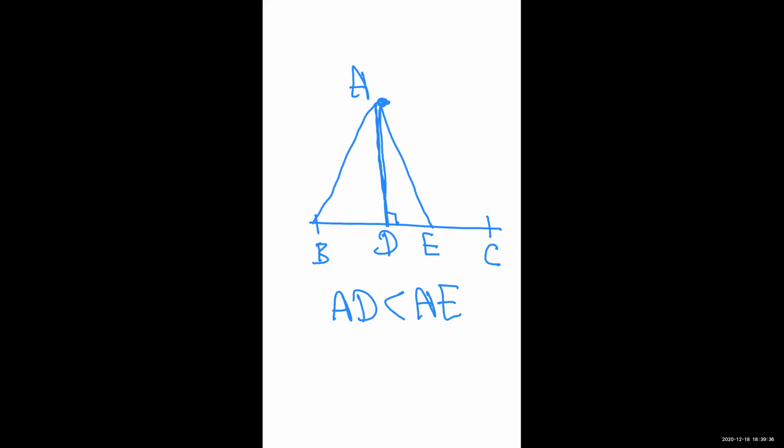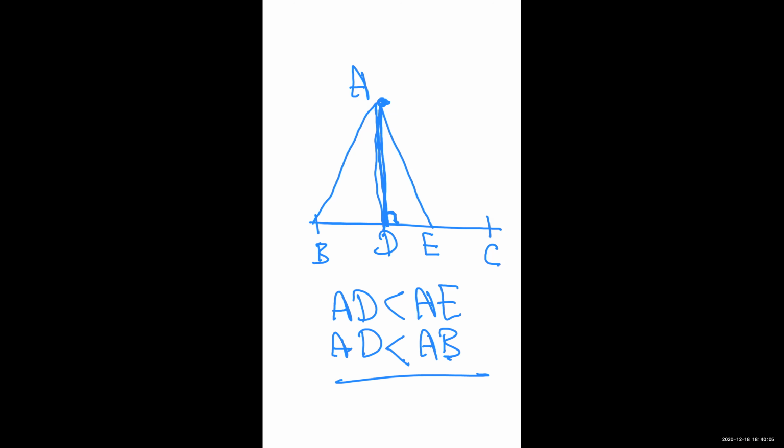If there is one more here, like AB, so AD is also smaller than AE and AB. Okay, so the distance between the point and the straight line, the perpendicular distance, is the shortest one. Okay, guys, are we clear?